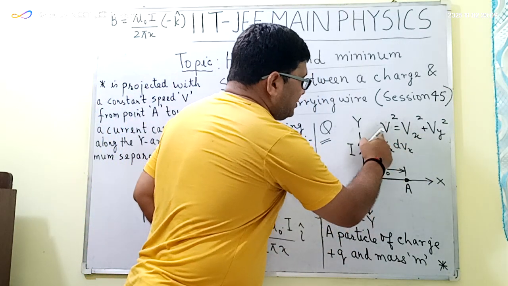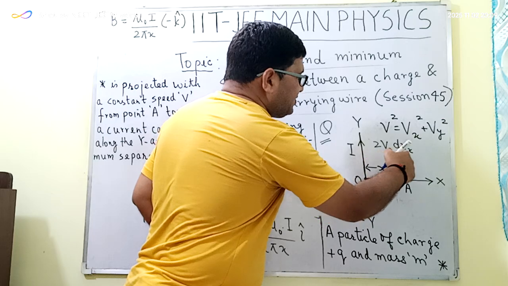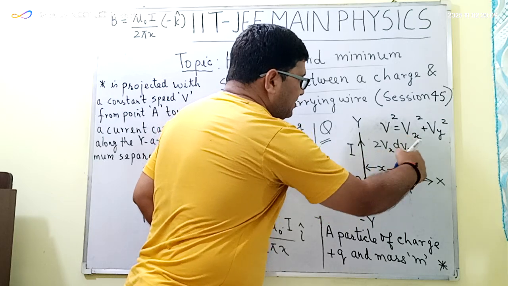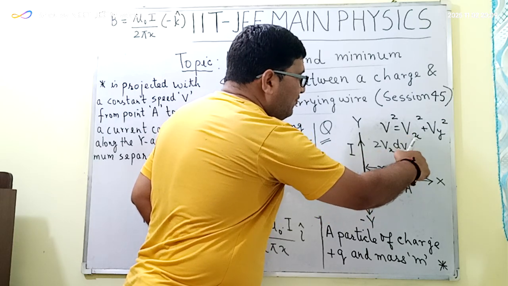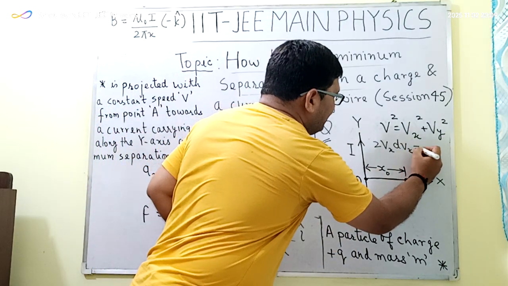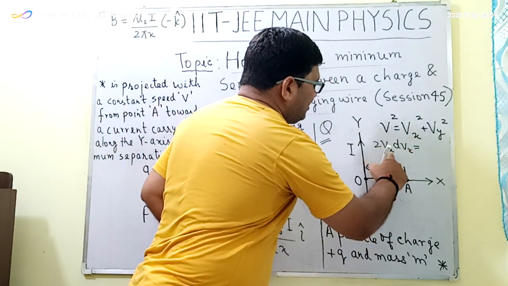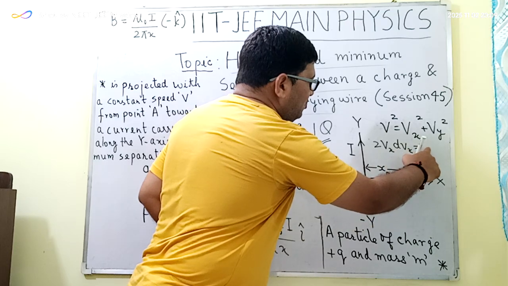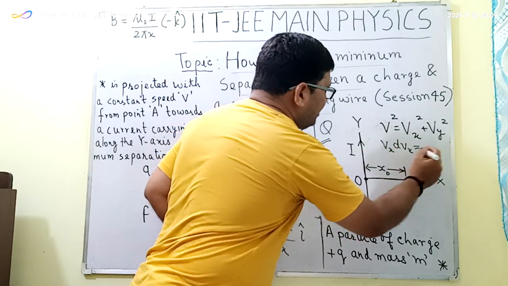I am just differentiating this equation with respect to t. So this will be 0 is equal to 2 Vx dVx upon dt plus 2 Vy dVy upon dt. So dt will also get cancelled out. Finally, I will be left with 2 Vx dVx, that is equal to minus 2 Vy dVy. So this 2 will also get cancelled out.